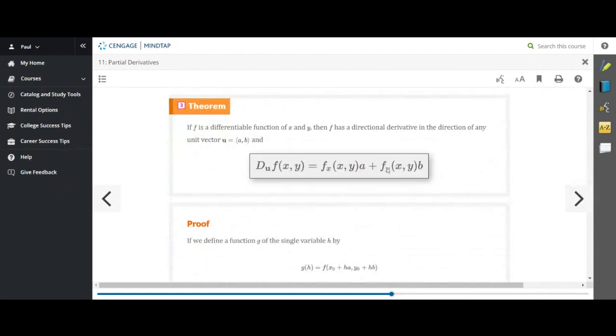This is another way to compute a directional derivative of a function in the direction of the vector u. And the vector u is always a unit vector, by the way. So the directional derivative is a linear combination of these two partial derivatives, one with respect to x and one with respect to y.